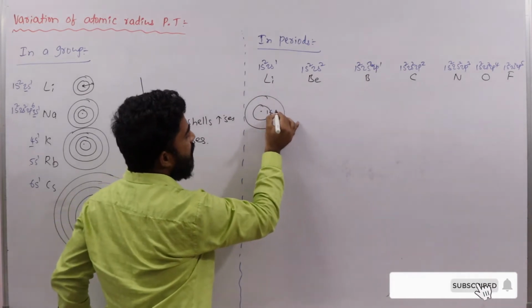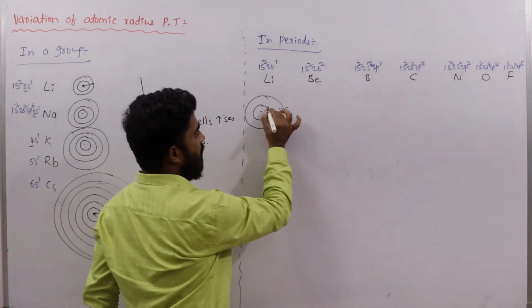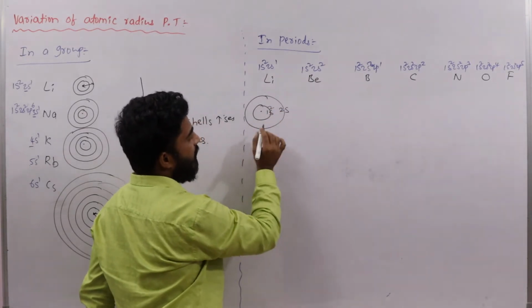Here there are 1s and 2s orbitals. In that, 1s2 electrons are already there.